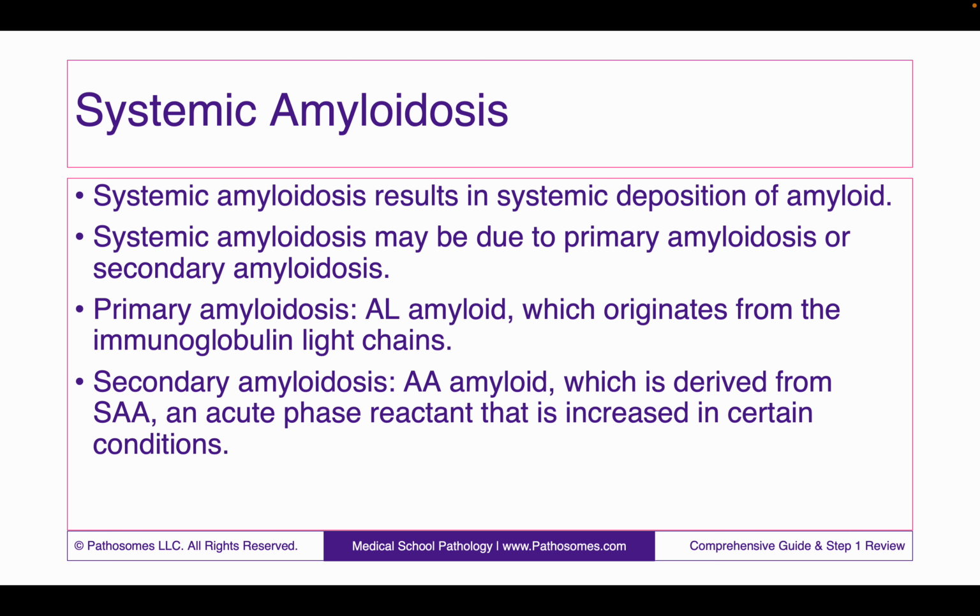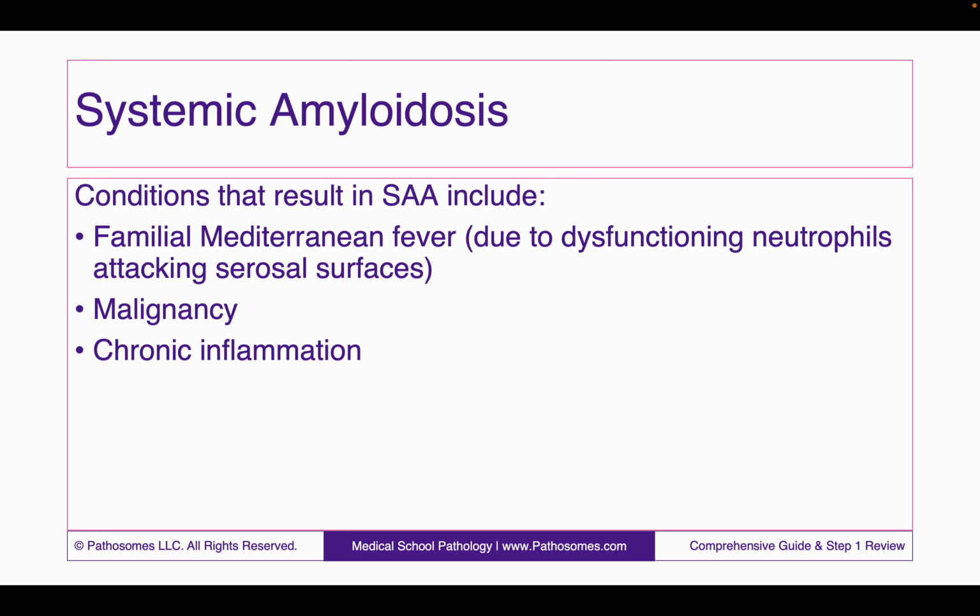In secondary amyloidosis, AA amyloid, which is derived from SAA, an acute phase reactant that is increased in certain conditions, is the main protein. Conditions that result in SAA include familial Mediterranean fever, and that's due to dysfunctioning neutrophils attacking serosal surfaces, malignancy, and chronic inflammation.